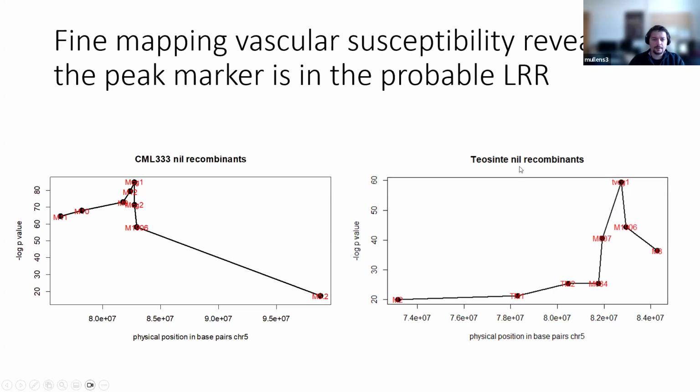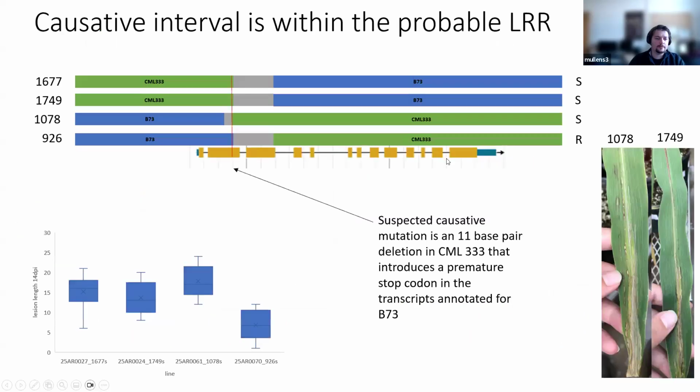Within the teosinte population, I was able to narrow it down to a 10 gene interval. And then in the NIL 1290 population that has the CML333 allele, I was able to get it down to a single gene interval and was able to find 4 recombinants that were actually within the gene itself.